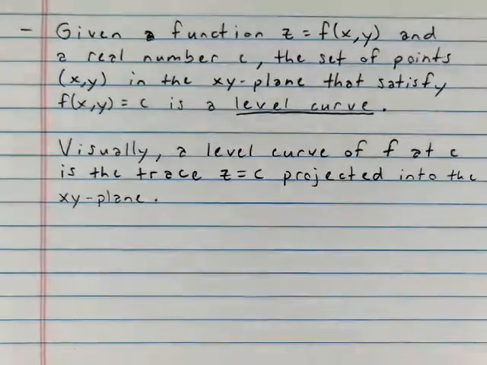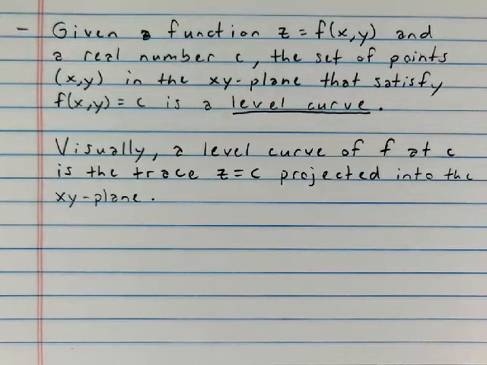So you pick some value c, you slice through your graph at that value c, and whatever that slice looked like, you would just take that slice and draw it in the xy plane.